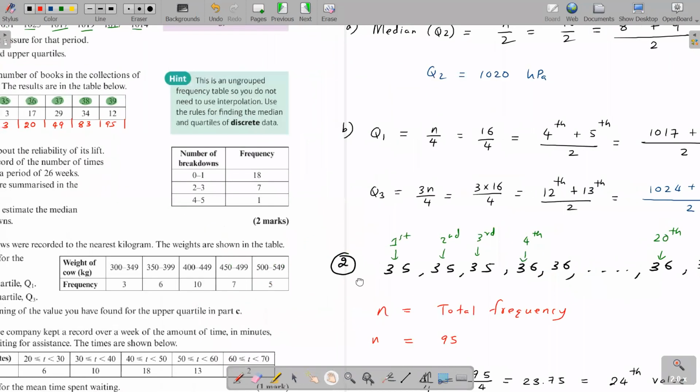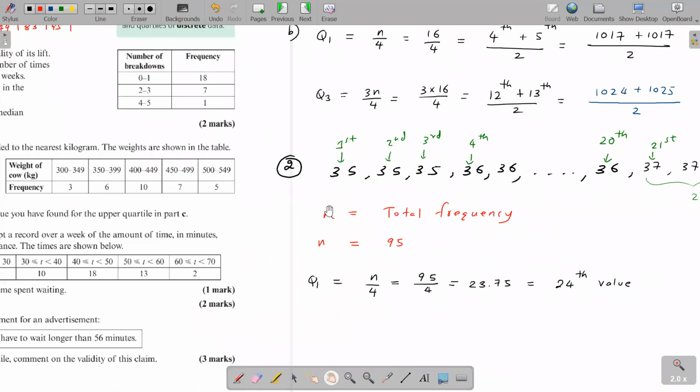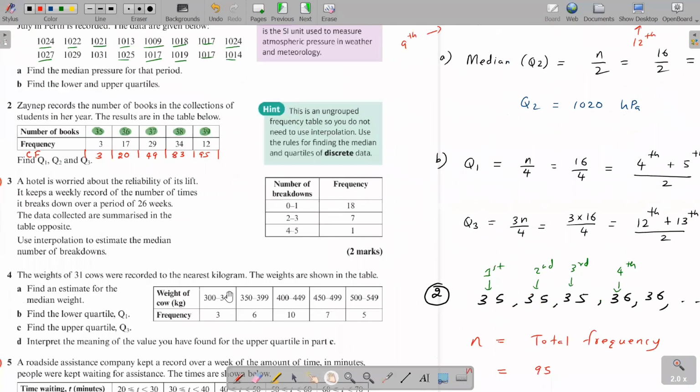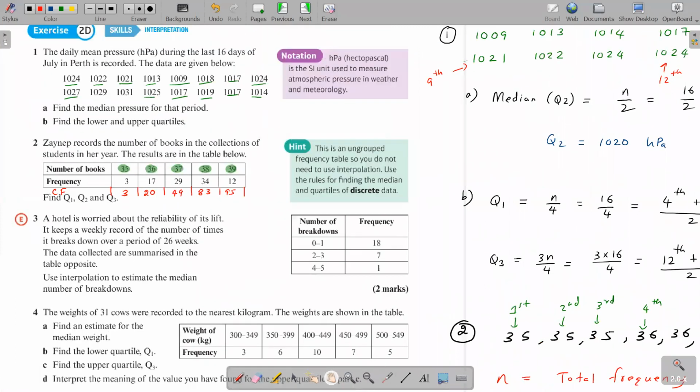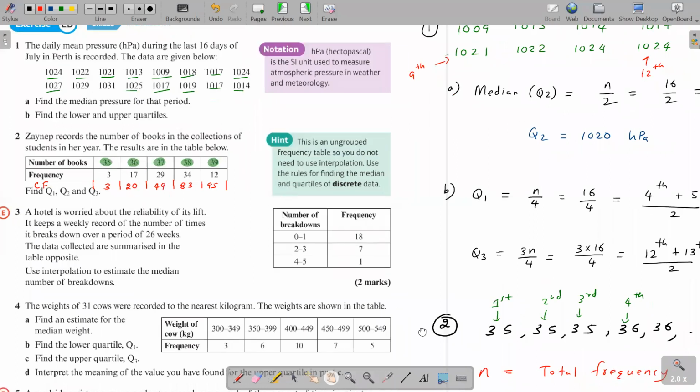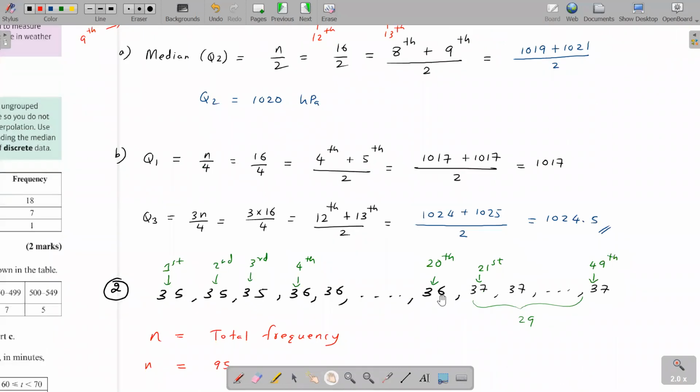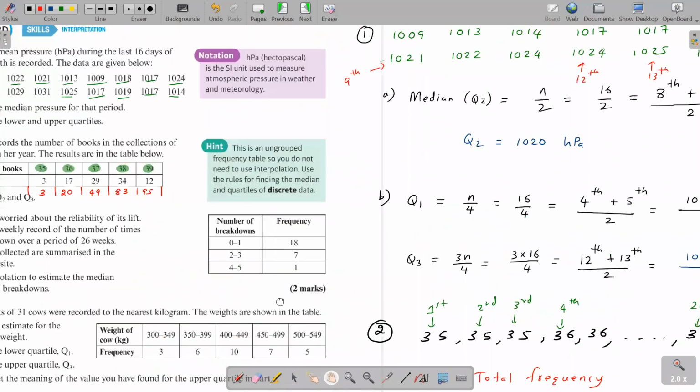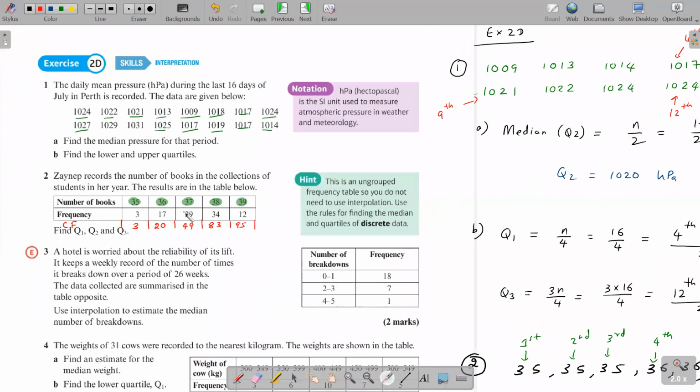Okay, so what we need here is the place where I'm finding the 24th value. The data point 35 finishes in the third term. The data point 36 finishes in the 20th term. And the next one, the data point 37, ends at the 49th term, which means from the 21st term to the 49th term, we have 37 entirely.